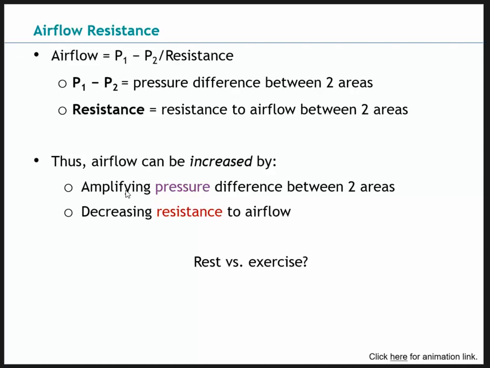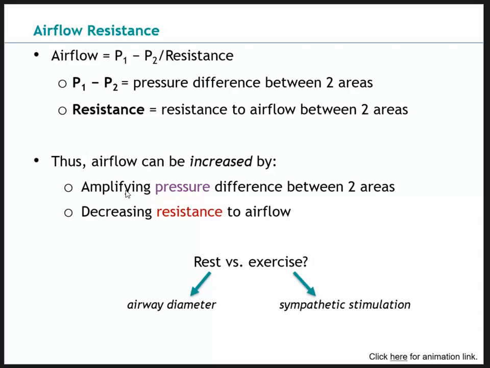Let's talk about rest versus exercise here. At rest, the airway diameter is the number one determinant of how much airflow we actually get. If the diameter of that airway decreases by half, the resistance has been shown to increase by 16 times.